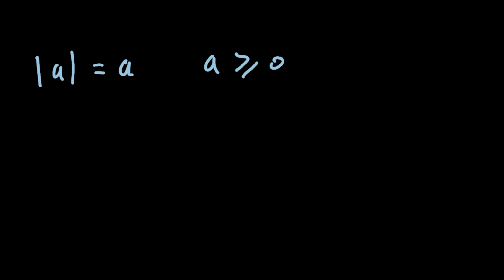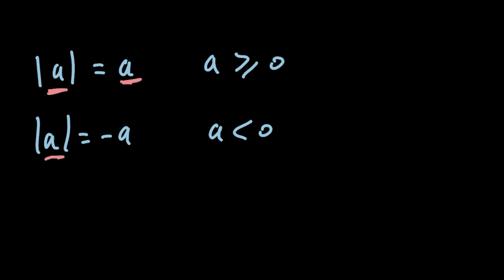And we have a second case when a is less than 0, so the result will be minus a. Let's summarize it. When the value inside the absolute value is positive, we get the same value. But if the inside value is negative, we get minus the value.